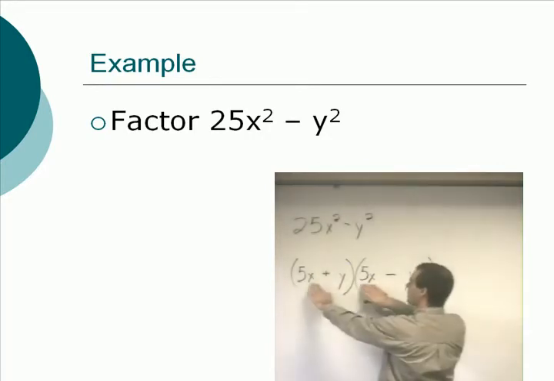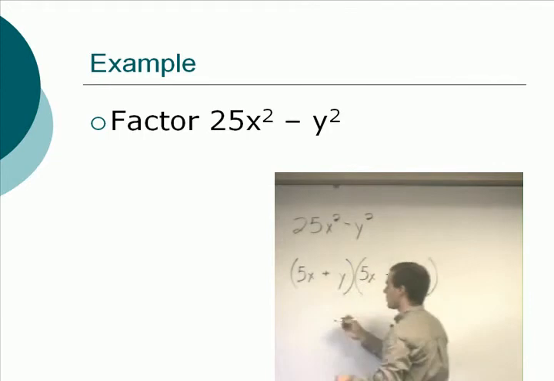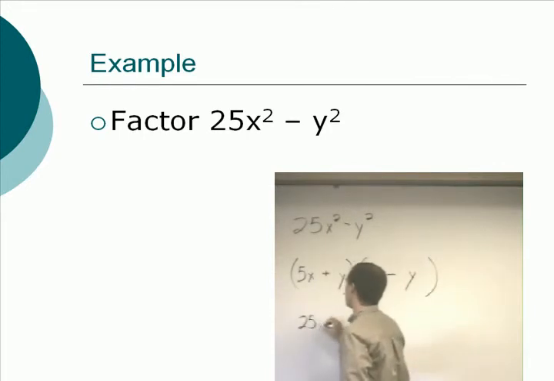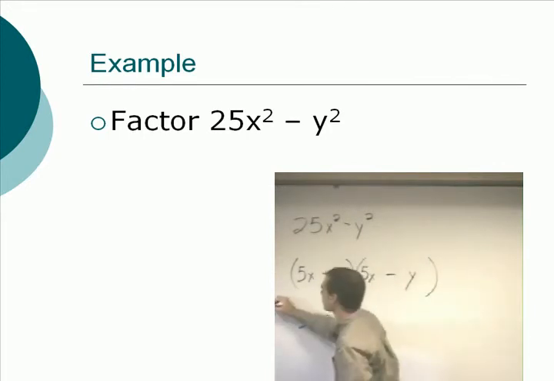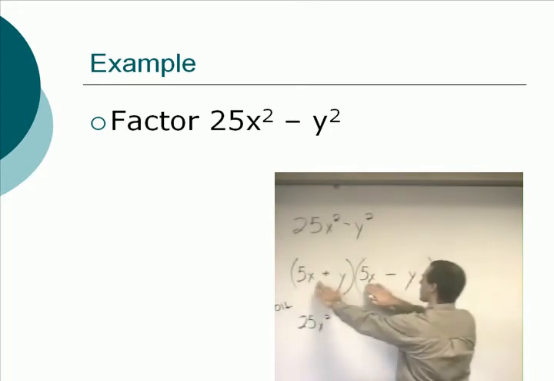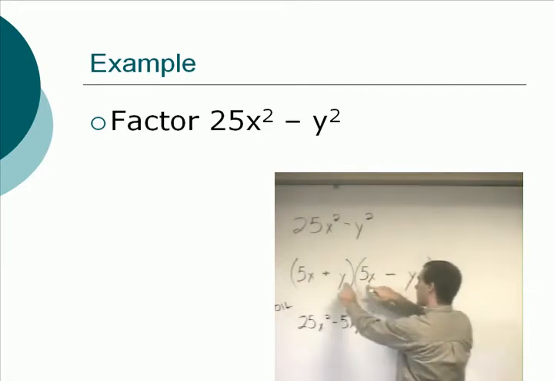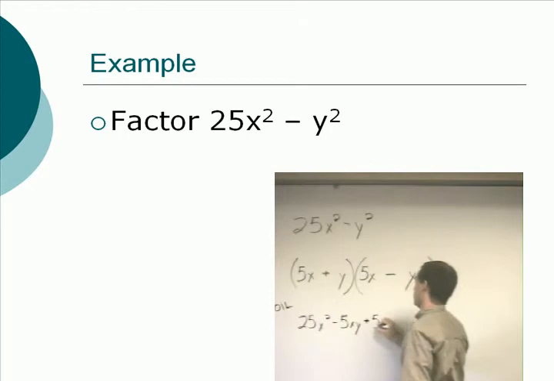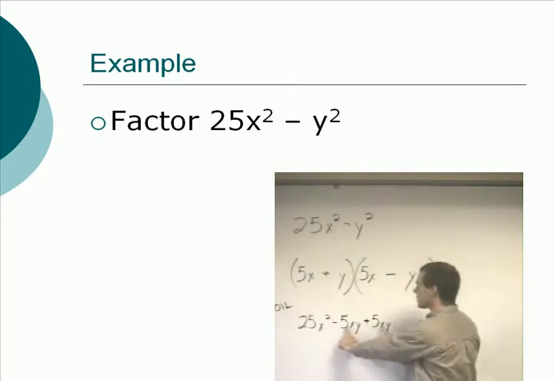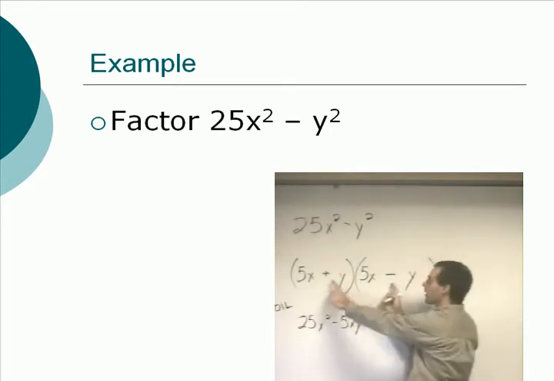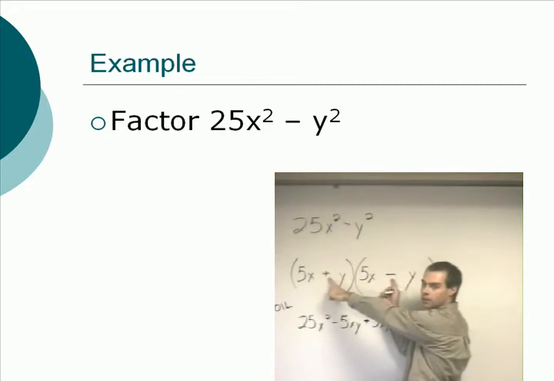If we remultiply this, we get 25x squared. Basically, we're foiling to check. 25x squared minus 5xy. That's our outside term. Inside terms, plus 5xy. That should answer the question if there's any doubt in your mind why these have to be opposite signs.